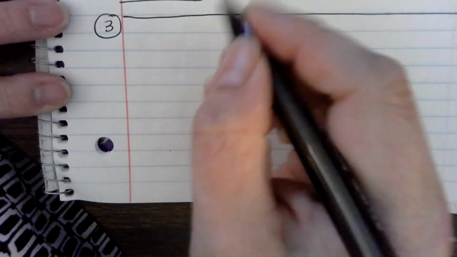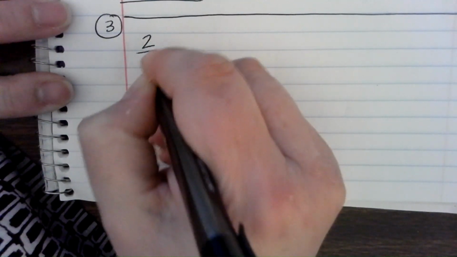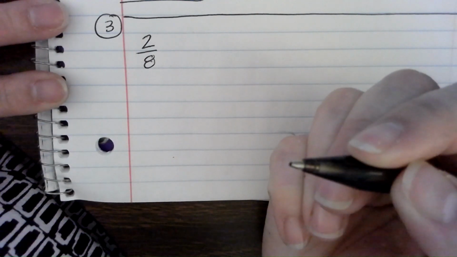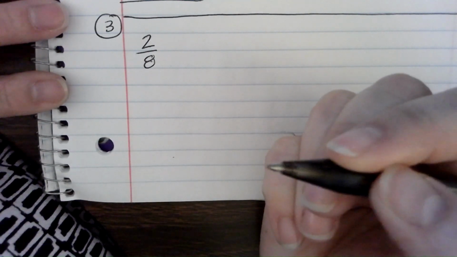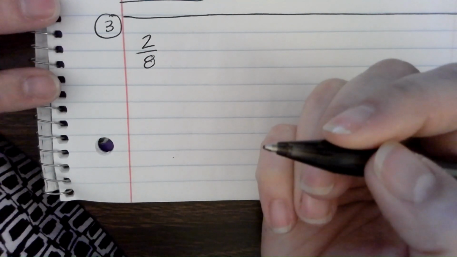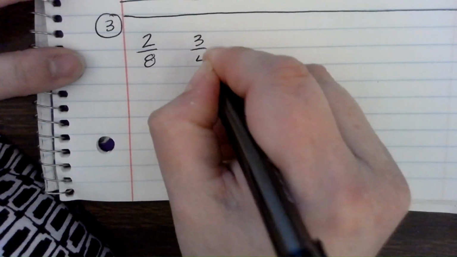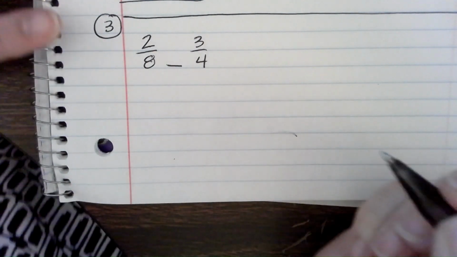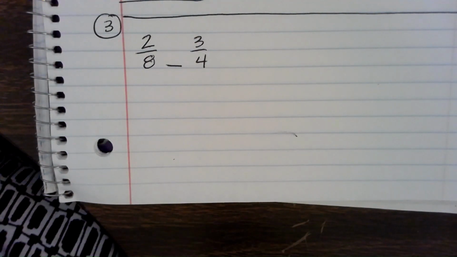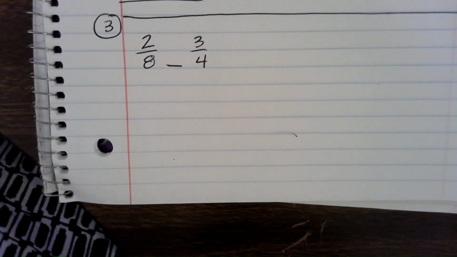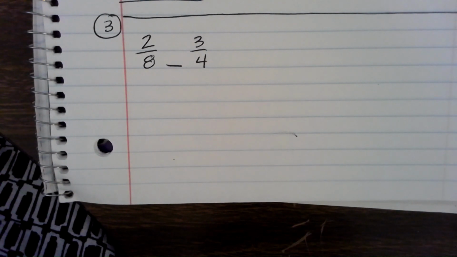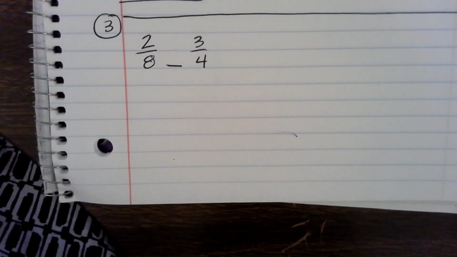All right, so now we talked this morning originally about comparing two fractions. So if I give you something like 2/8 and we compare it to 3/4, I want to know which is bigger, the 2/8 or the 3/4.